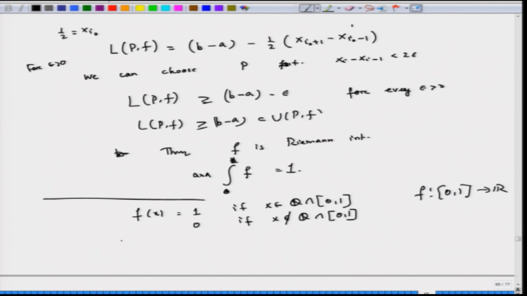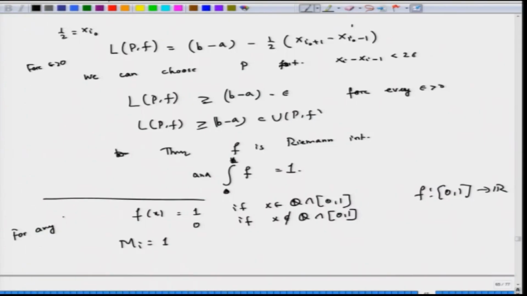You take any partition; any interval x_{i-1} to x_i is going to contain a rational, so M_i is 1 for every partition. And small m_i, it is going to contain an irrational, so this is 0. Therefore, U_P of f for any partition is going to be 1, and L_P of f for any partition P is going to be equal to 0. So, this f, although it is bounded, is not Riemann integrable.